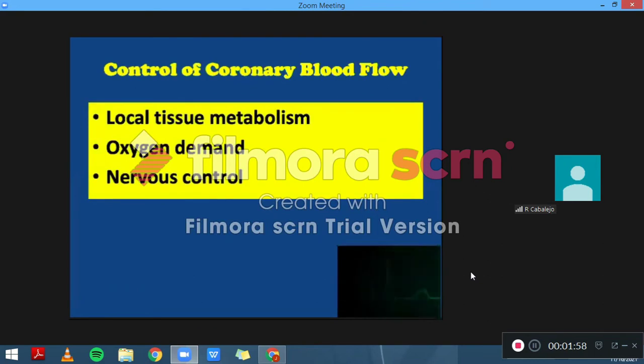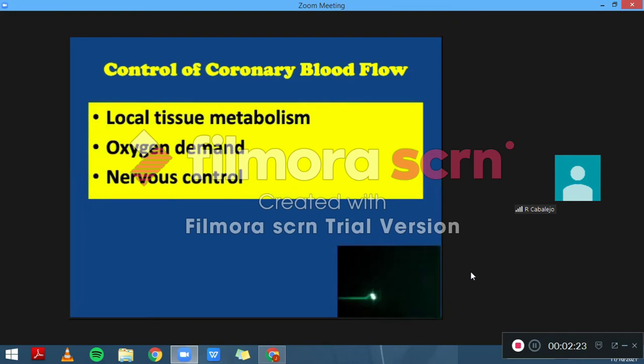So what are the controllers of your coronary blood flow? Your local tissue metabolism is your primary controller. In response also to your nutritional needs of the cardiac muscle, the response would be local arteriolar vasodilatation.